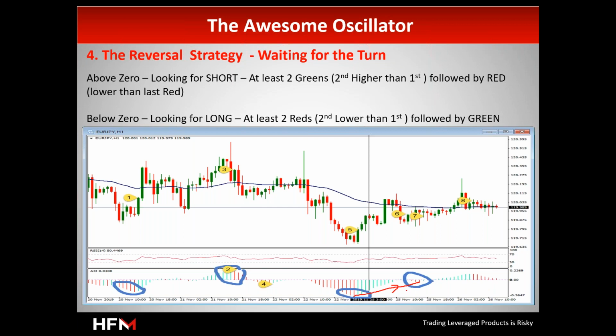By connecting the bottoms, you have seen that the second bottom is significantly higher than the first one, so that's a bullish indication. Then you can enter long as soon as you see the Awesome Oscillator turning positive, because, as I already mentioned, that suggests that the downtrend will potentially turn into the beginning of an uptrend. And this is what actually happened later on.